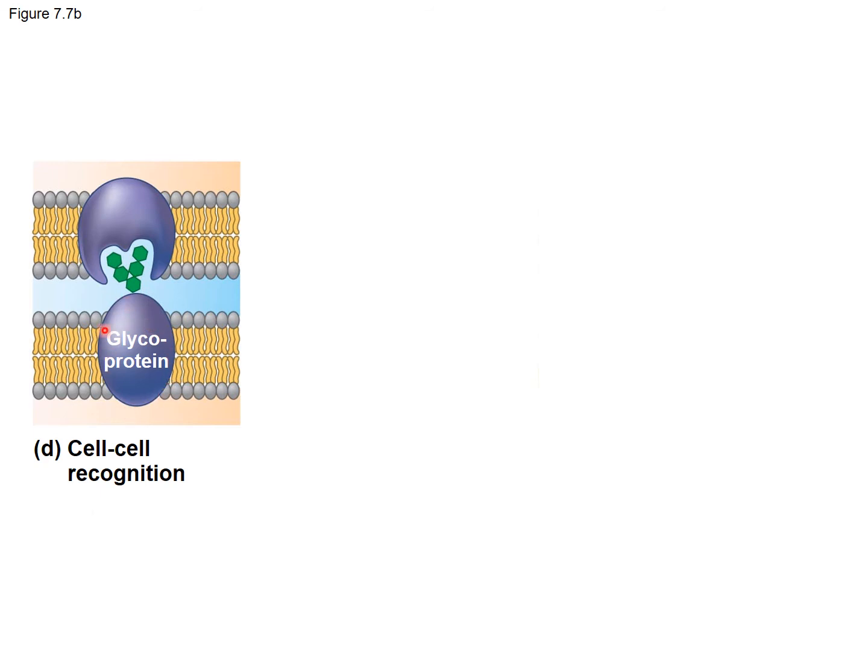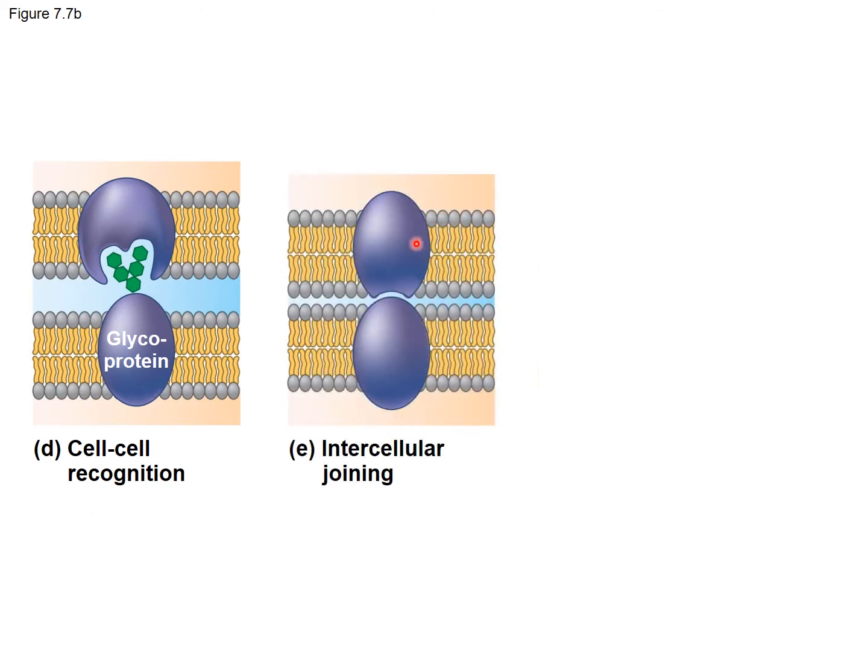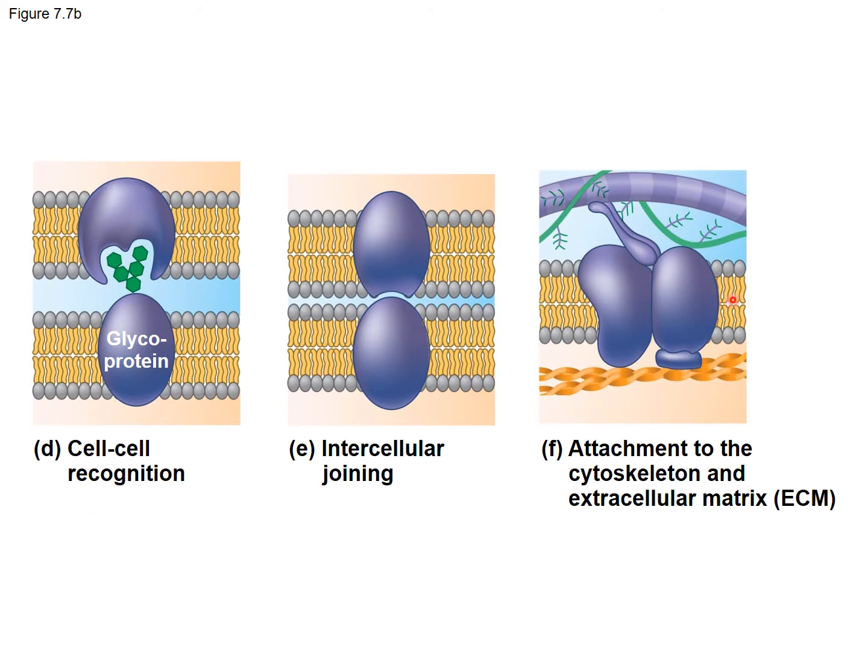And this is, again, a glycoprotein because it has those carbohydrates attached to it. Some of them can just serve as protein-protein interactions to join cells together. And then some of them, of course, as we saw before, can attach the extracellular matrix to the proteins of the plasma membrane, keeping all of this connected.